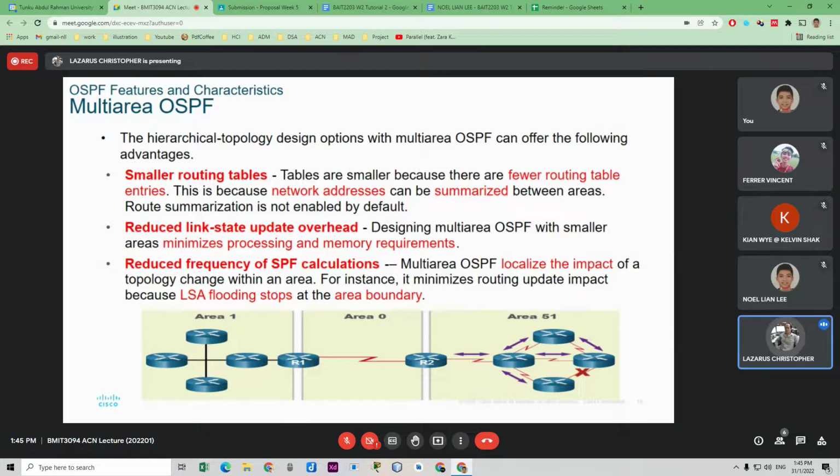So everything has to change. All routers will have to change. But in this hierarchical manner, the boundary of each area will stop that. So it only affects those routers within a specific area, right?